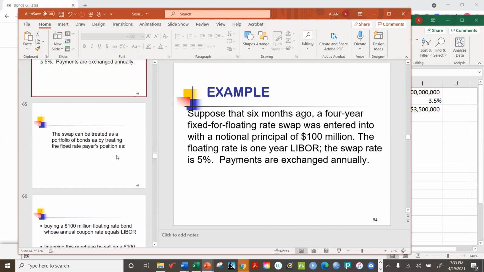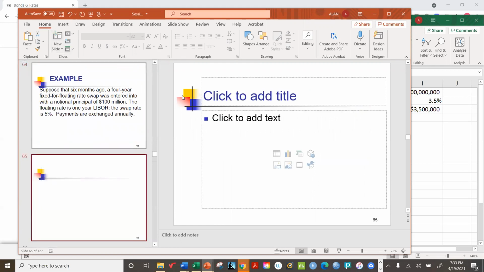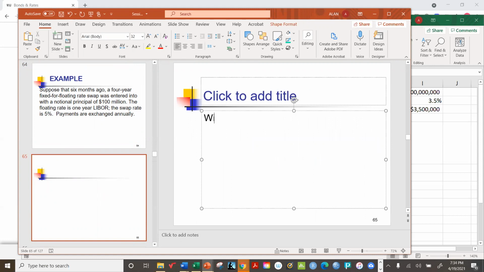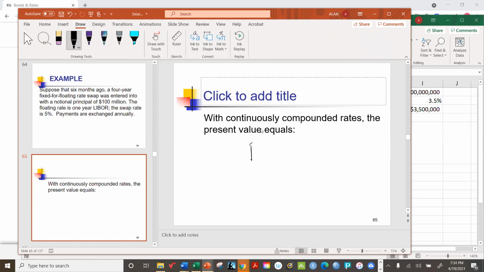So just a quick reminder, I'll throw it in right here. With continuously compounded rates, the present value equals, okay, so you take your principal, whatever it is, and you multiply it by e to the minus RT power.